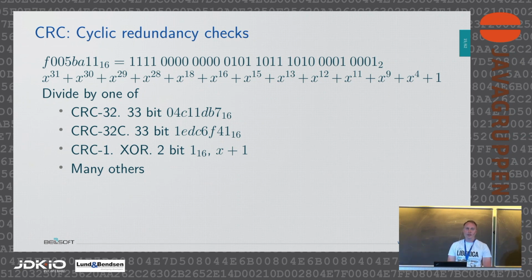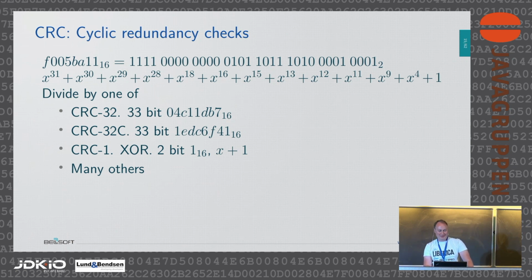So if you see that number, that means there is a polynomial, and if you see the polynomial, there's a number. And the simplest case is XOR sum, which is a particular case of CRC1, right? So we can calculate the same parity value based on just polynomial division.